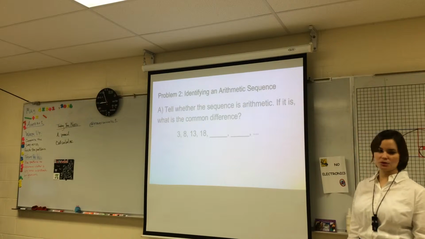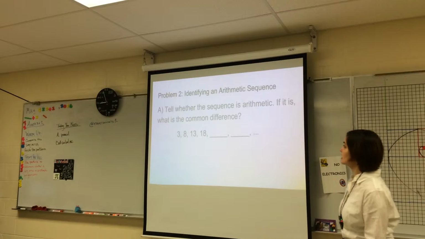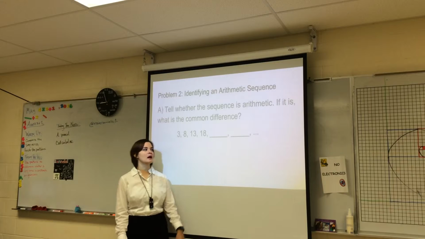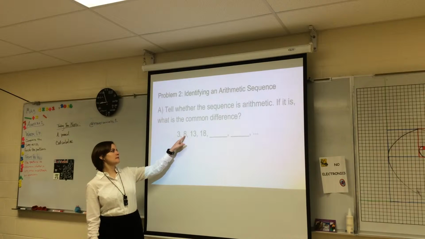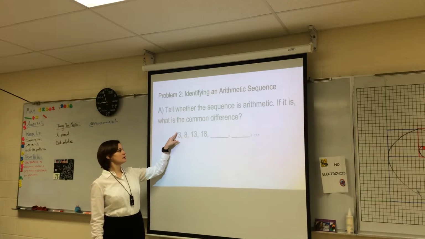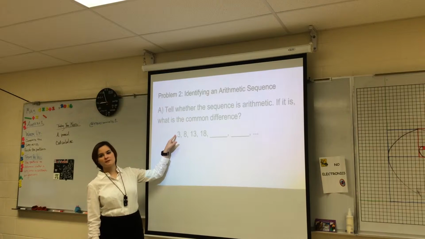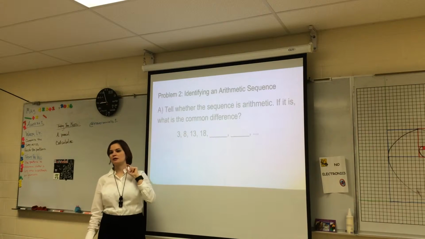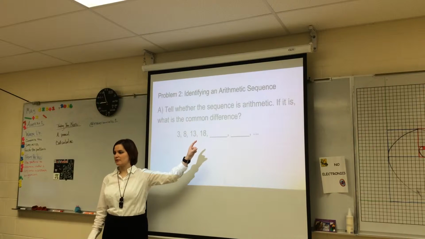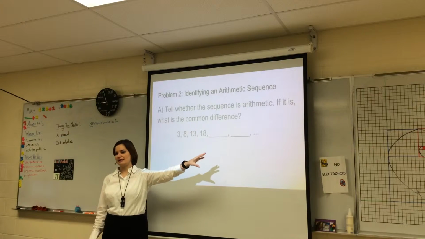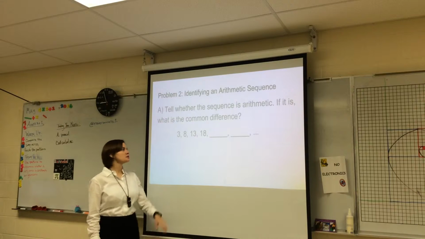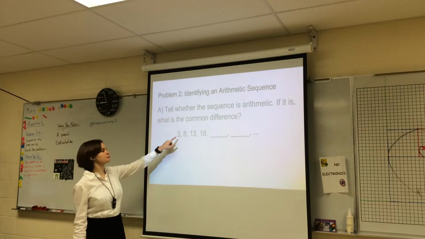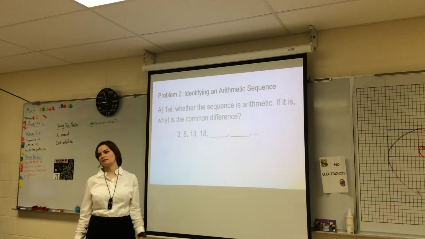All right. So the directions here say tell whether the sequence is arithmetic. If it is, what is the common difference? What I mean by common difference is, if I subtract the first term from the second term, the second from the third, the third from the fourth, and so on, do we get the same difference? So here, 3 to 8, or I could ask myself, 3 plus what gives me 8?